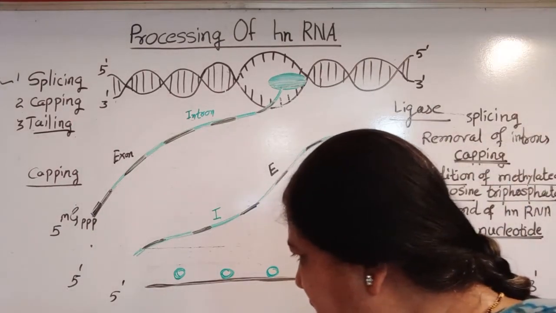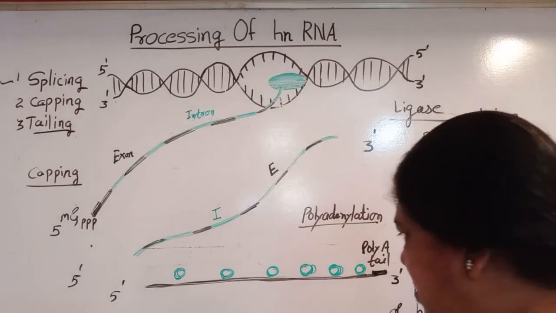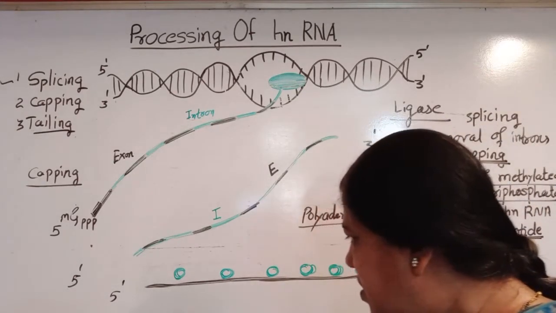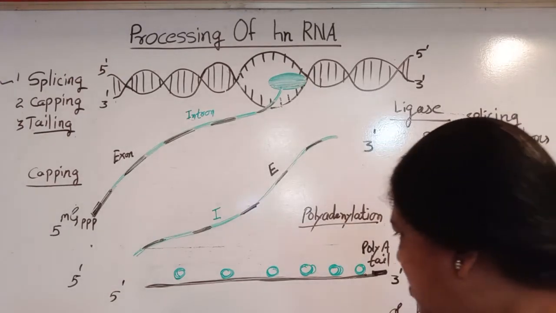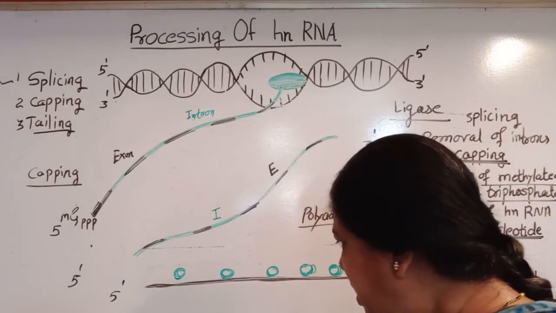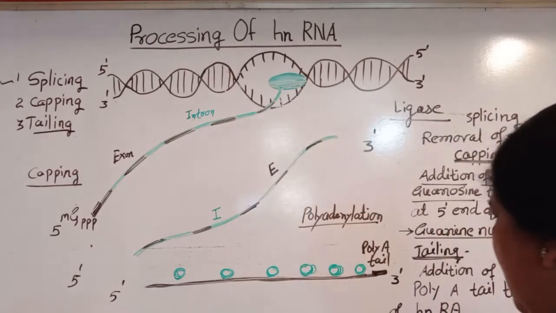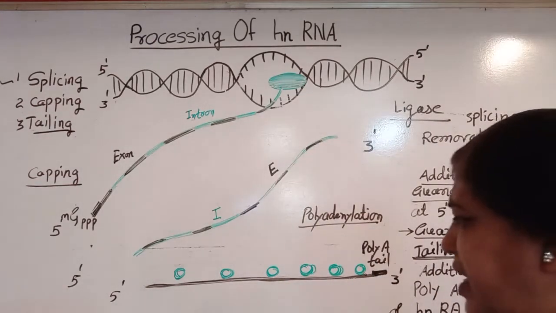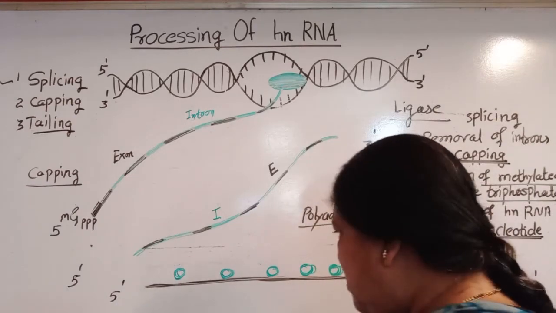So see, this is mRNA. Now this is mRNA. It is functional. This is the 5' end, this is the 3' end, and it contains only exons.